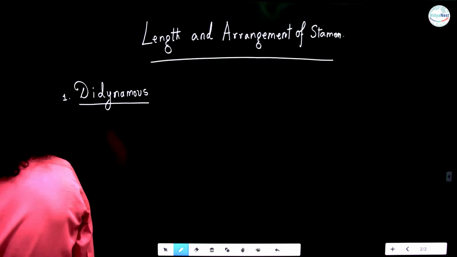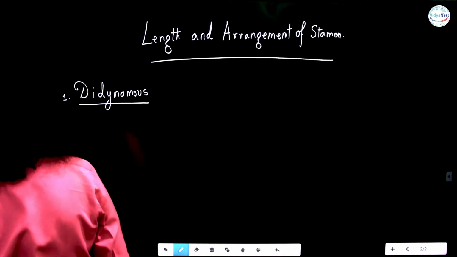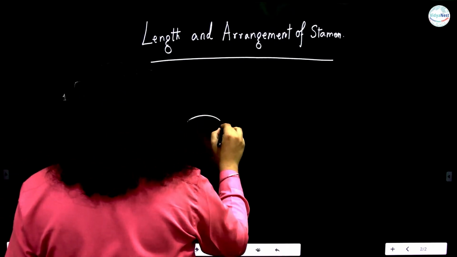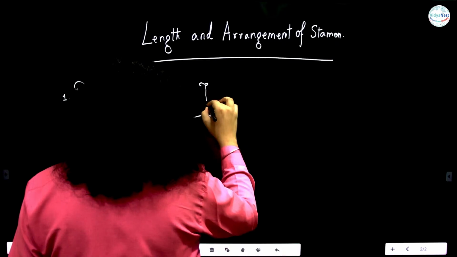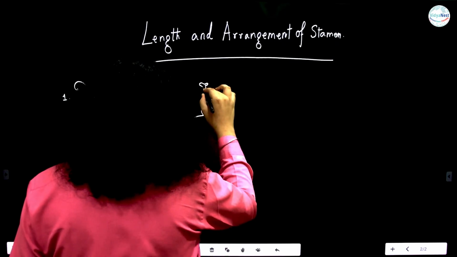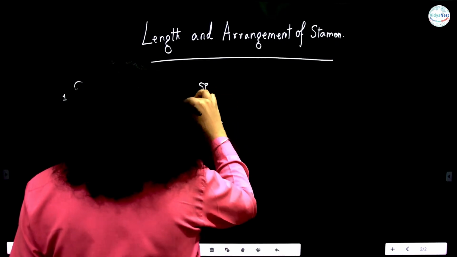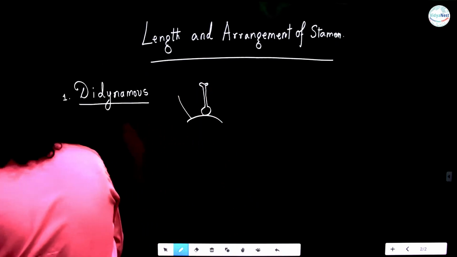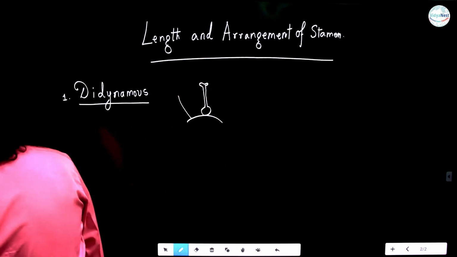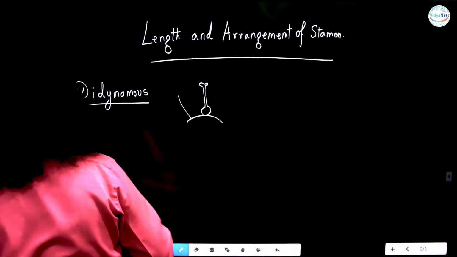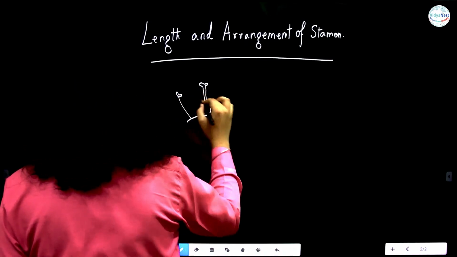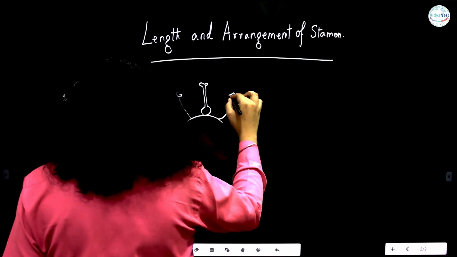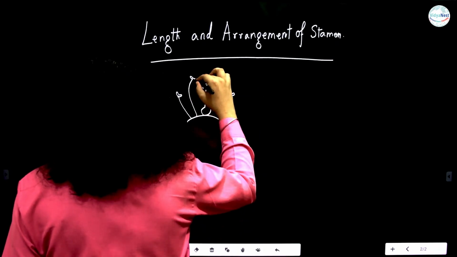Here four stamens are present, two outer which are small and two inner which are long. Suppose here the gynoecium is present. Out of these four stamens, the two outer stamens are smaller, and the two inner stamens are longer.